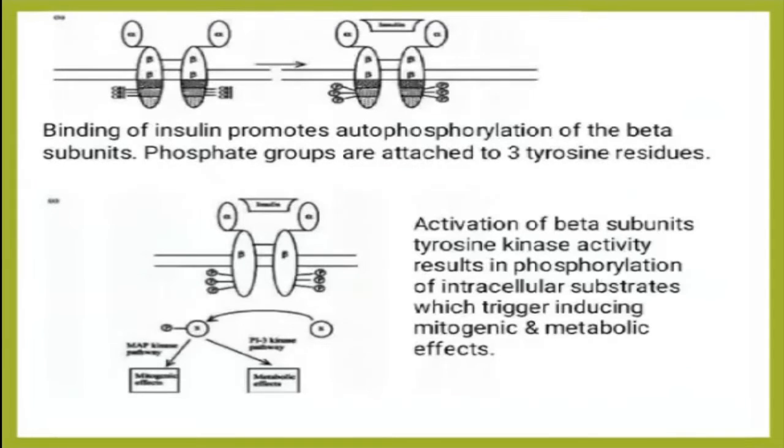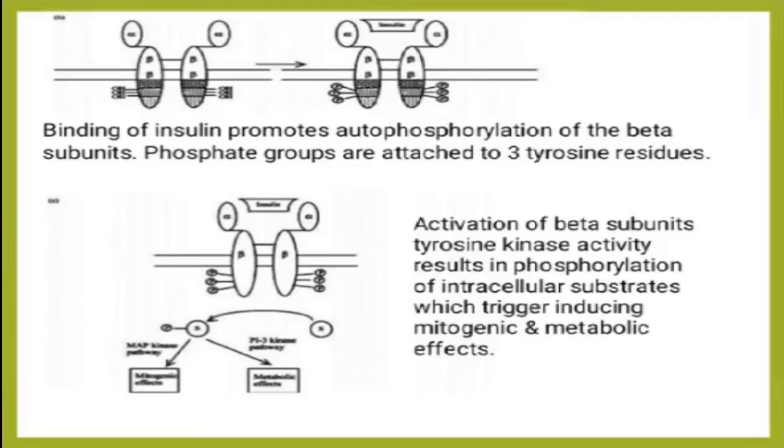Binding of insulin promotes autophosphorylation of the beta subunit, and phosphate groups are attached to three tyrosine residues. That is, insulin binds here, and the receptor undergoes autophosphorylation, and phosphate groups get added to the tyrosine residues. Activation of beta subunit tyrosine kinase activity results in the phosphorylation of intracellular substrates, which triggers mitogenic and metabolic effects.